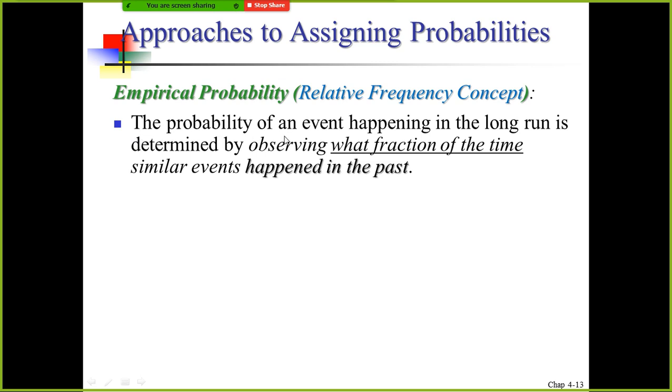The probability of an event happening in the long run is determined by observing what fraction of time similar events happened in the past. So if you want to calculate or understand the probability of one event happening in the long run, we use experience or data from the past.